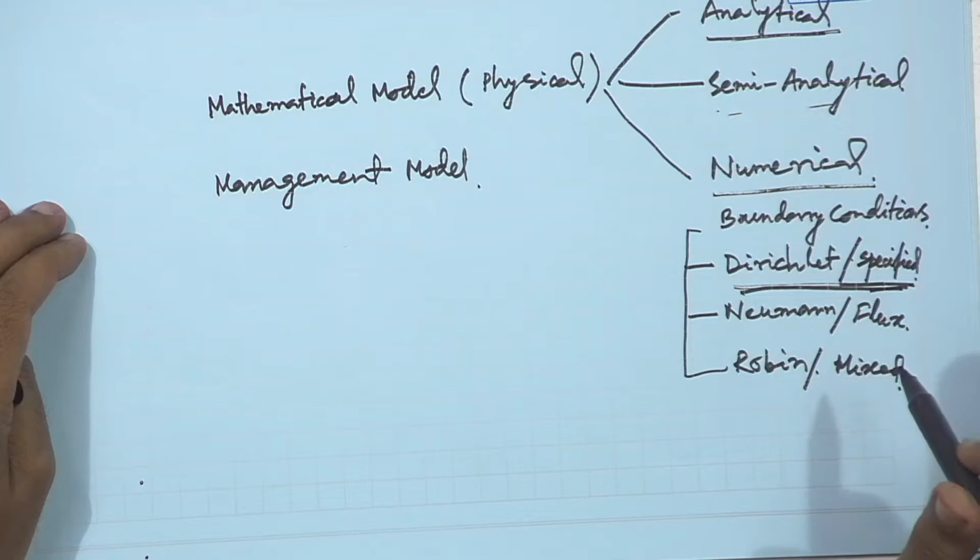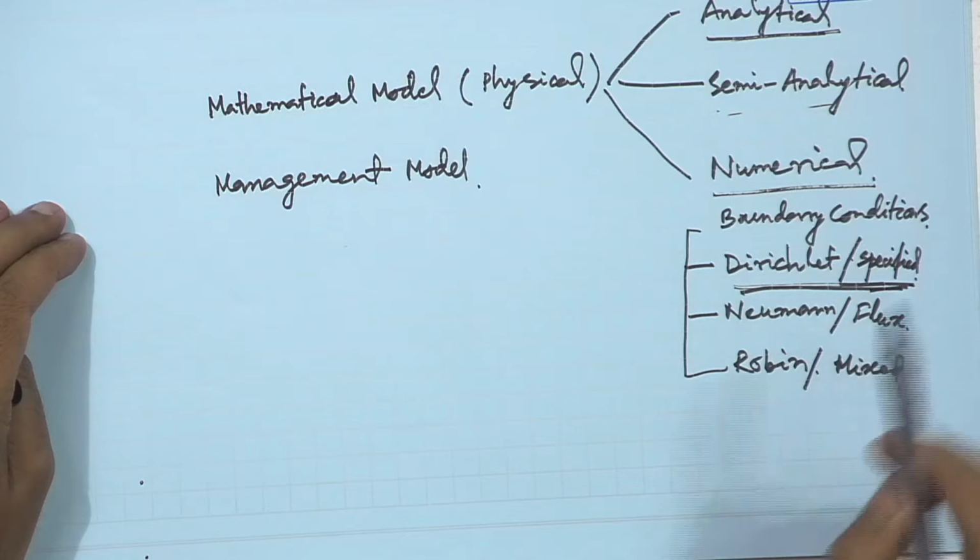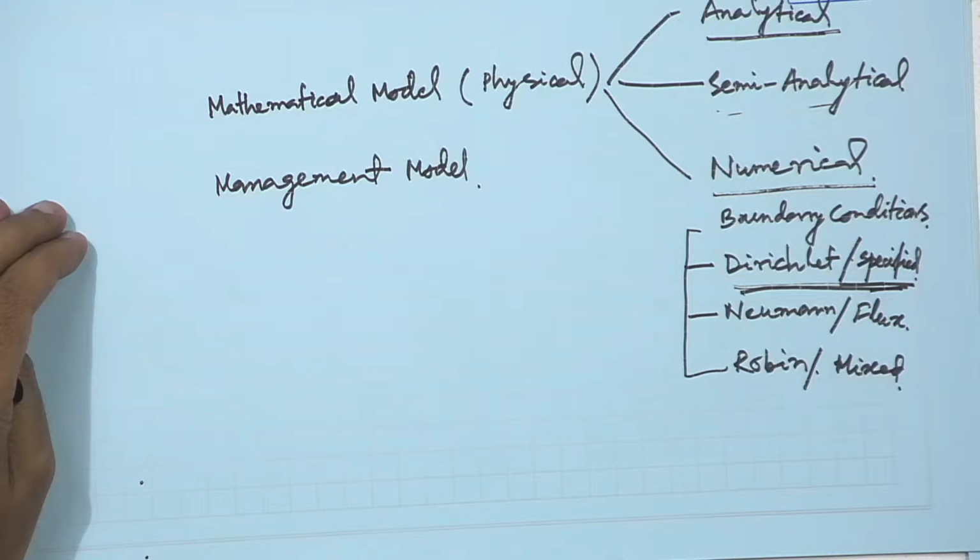That is your specified head boundary. Let us say you have a pond in between and you are getting some constant flux or changing flux with time, or you have a boundary which is zero flux, which is an impermeable boundary.